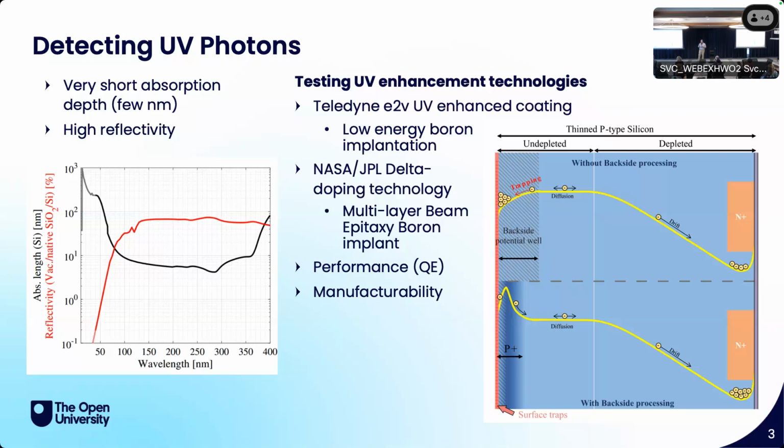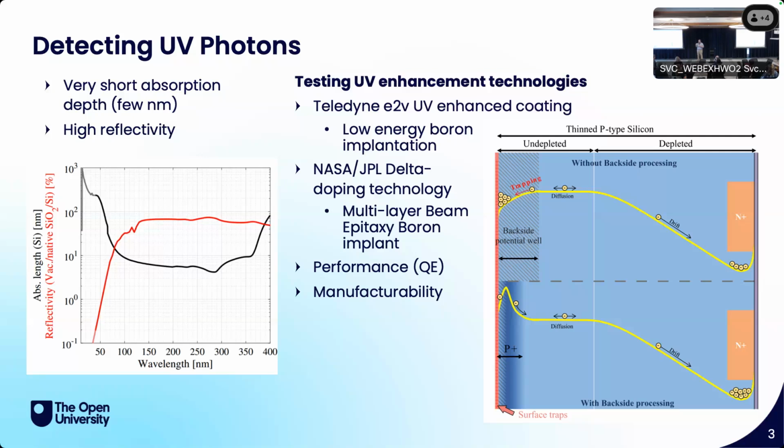JPL, as you heard, has a dope technology where they use multi-layer molecular beam epitaxy to put this implant very close to the surface, a few nanometers in, which of course improves the performance. So we've been doing some tests on the quantum efficiency, but also on the manufacturability of these devices.